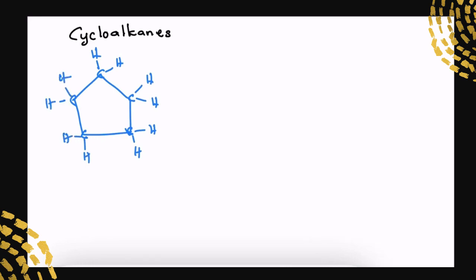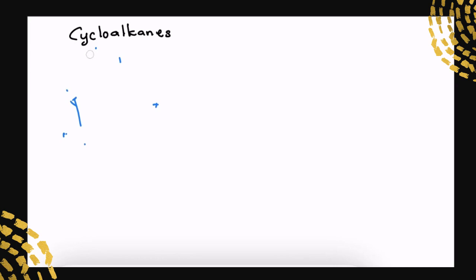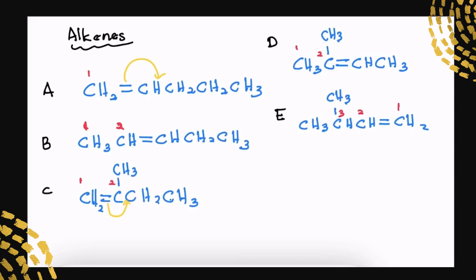Because of that, this molecule has 5 carbon and 10 hydrogen, so it is accepted. Now I redraw it more neatly. The first structure that we can propose is this one, A, B, C, D, E. This is F.